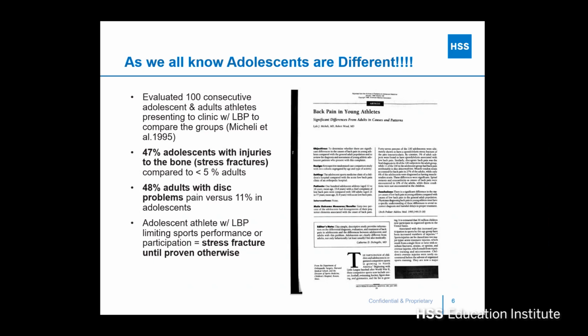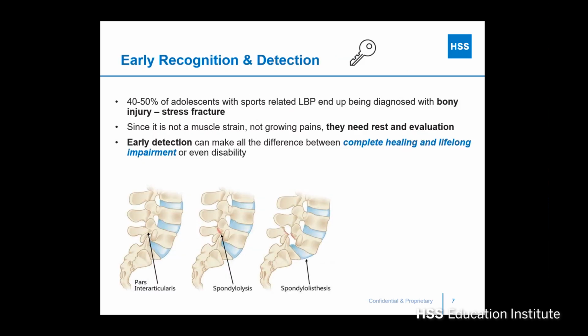Once we're skeletally mature, about half of our trouble comes from that disc, that shock absorber between there. Before we're skeletally mature, these are bony injuries. So really the early recognition and detection of these injuries are key.